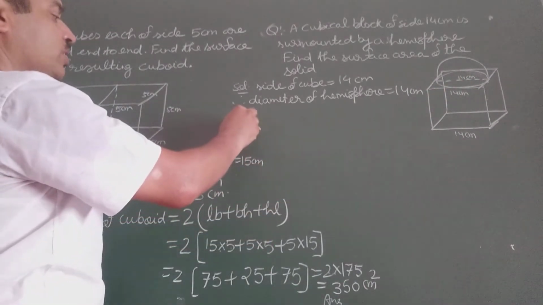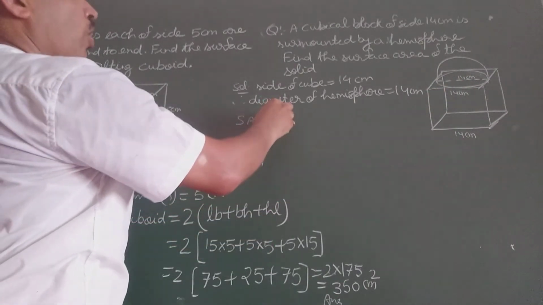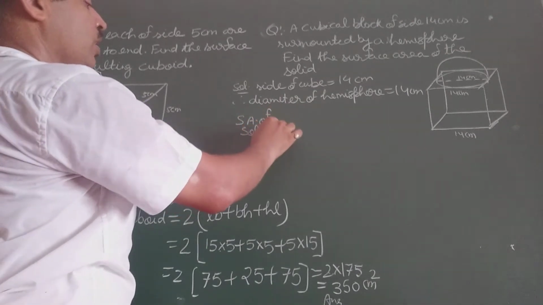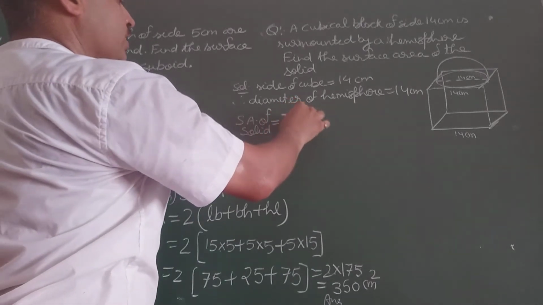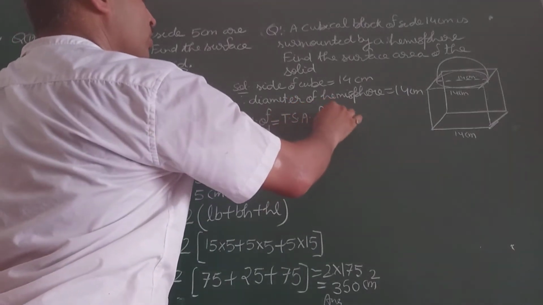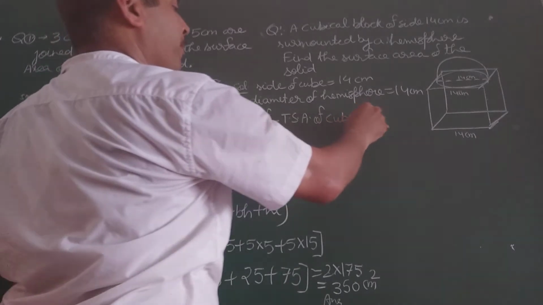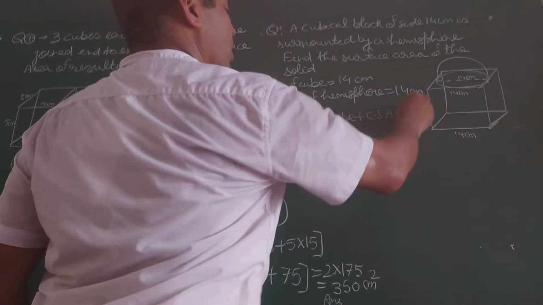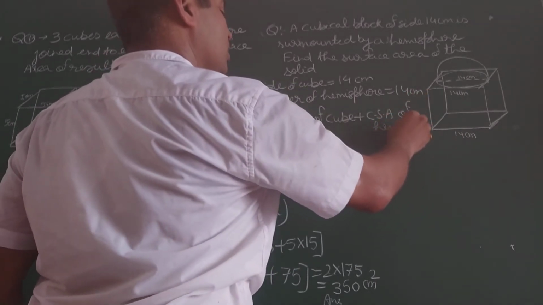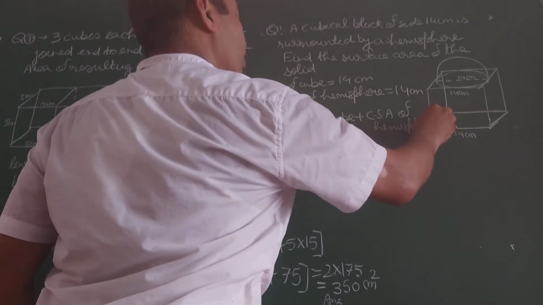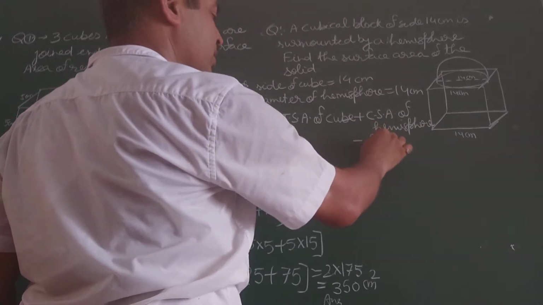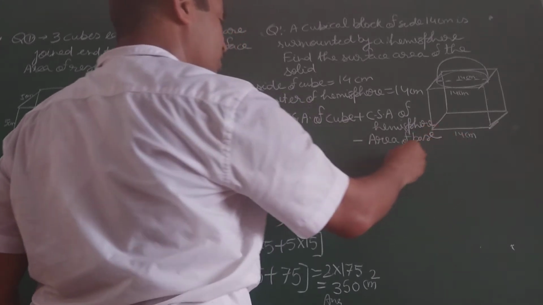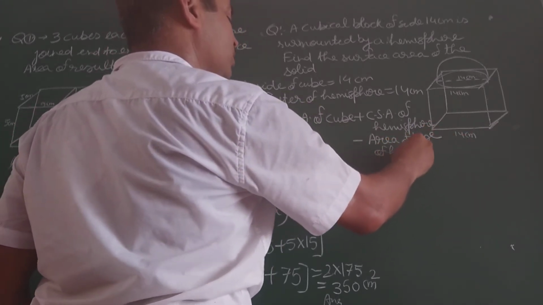So students, surface area of solid equals total surface area of cube plus curved surface area of hemisphere minus area of base of hemisphere.